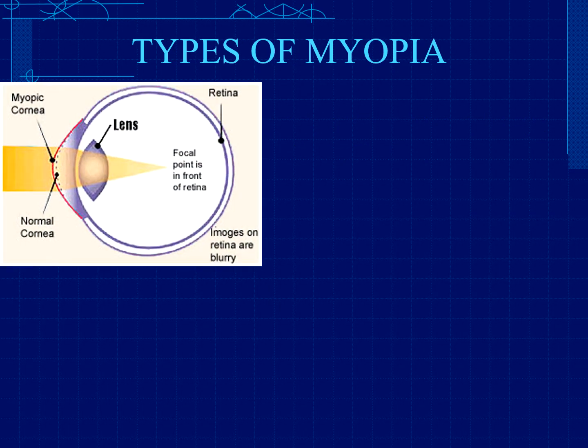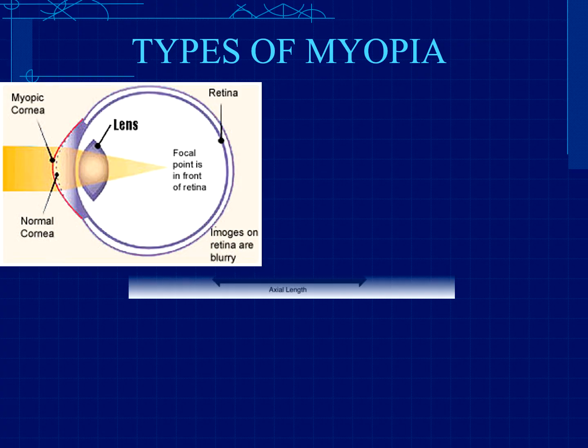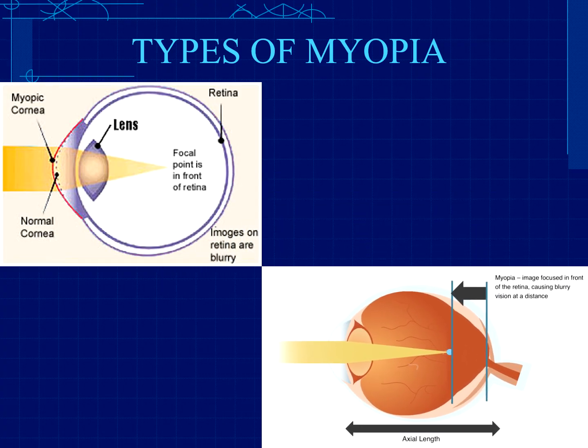There are two main types of myopia. The first one is curvature or refractive myopia. In the upper picture, you can see the cornea in the normal eye shown by dotted lines, and the myopic cornea shown by red lines.